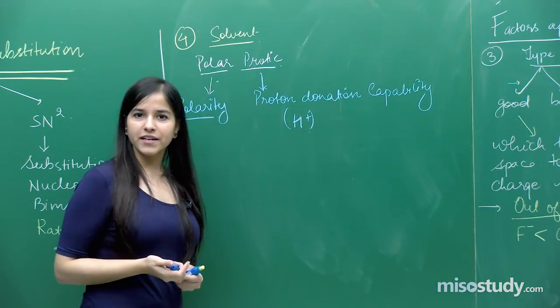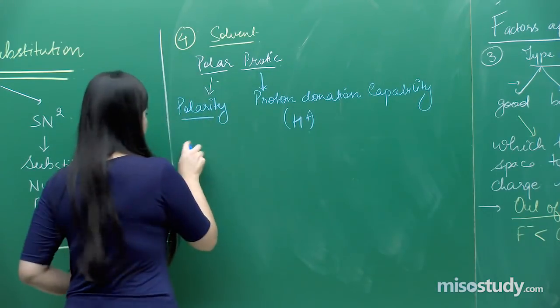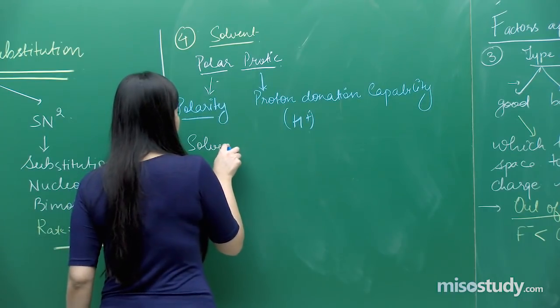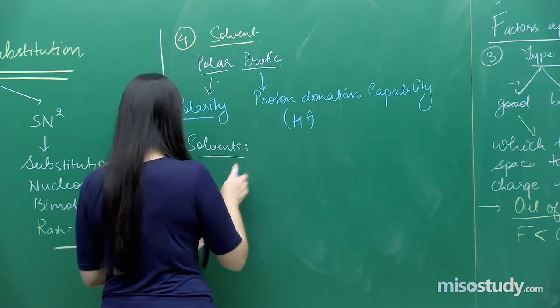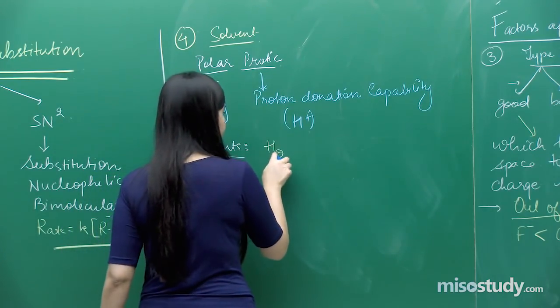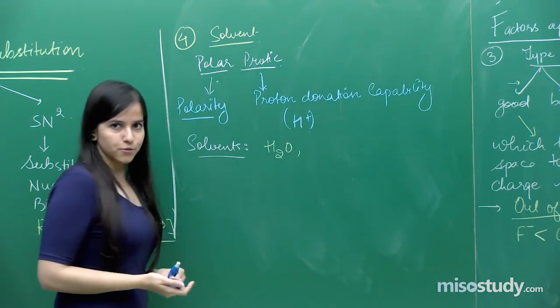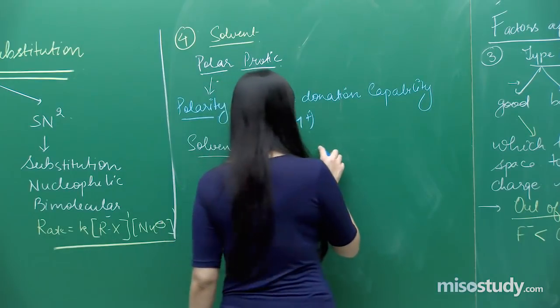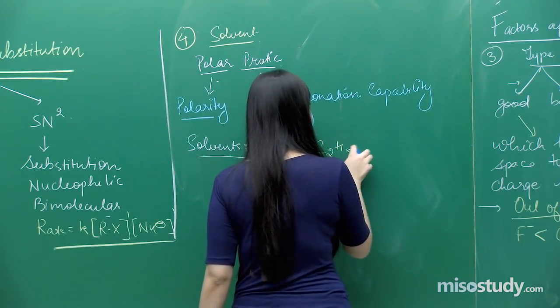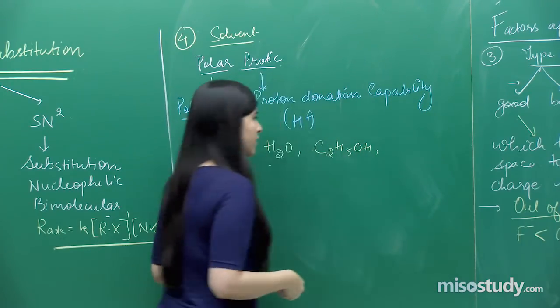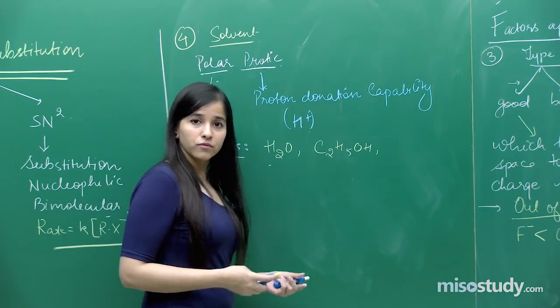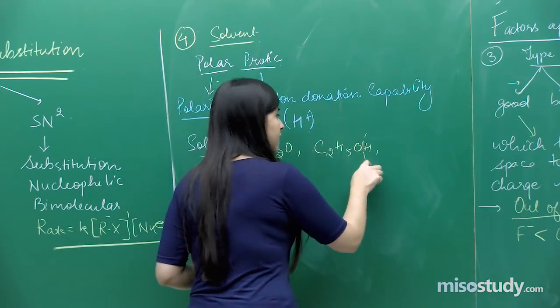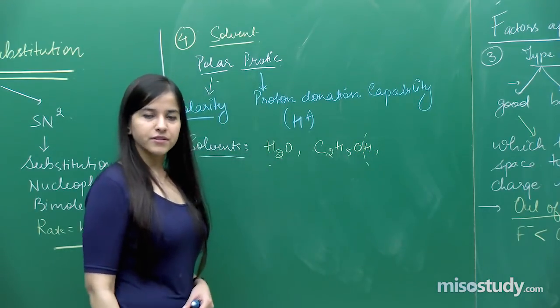What kind of solvents can I use over here? The solvents that can be used are water, right? It is polar and it can donate H plus ions. Alcohol, C2H5OH, fine. This is also a solvent that can be used. Again, it can donate the H positive, right?